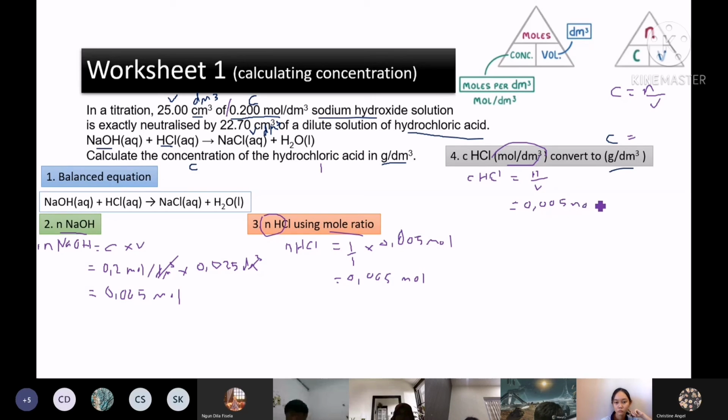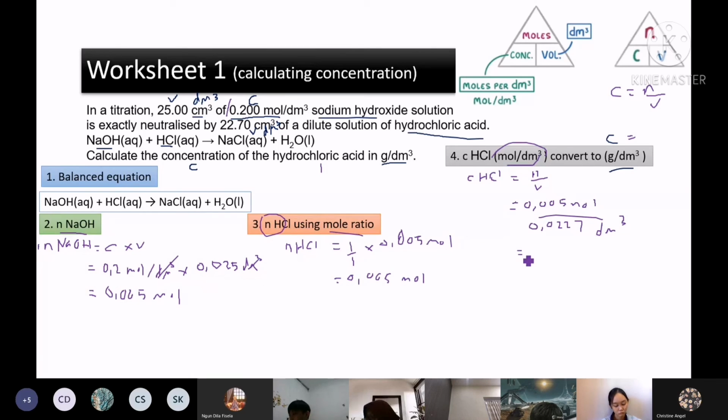What is the volume of HCl? Which one? Wait, miss. 0.0227. Yes, very good. 0.0227 dm cube. So the concentration in mole over dm cube, what is the answer?